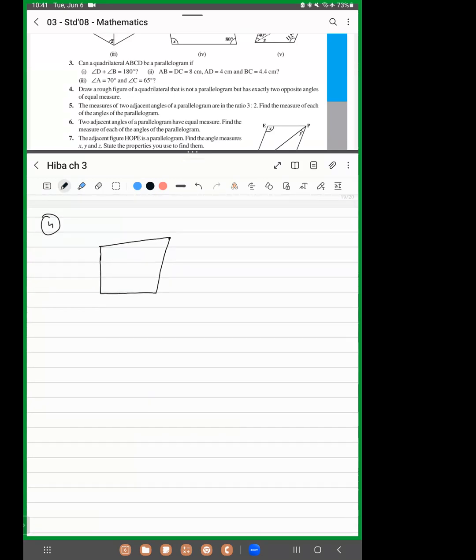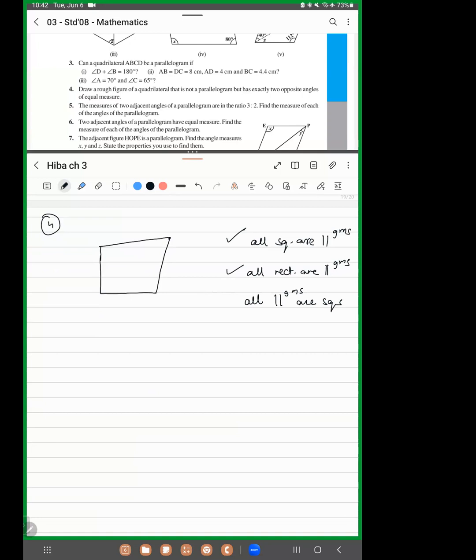Okay. Tell me one thing. All squares are parallelograms. True or false? True. All rectangles are parallelograms. True or false? True. All parallelograms are squares.